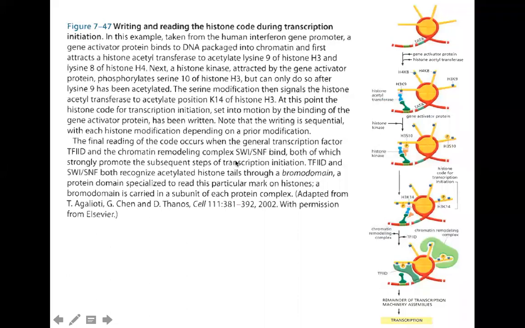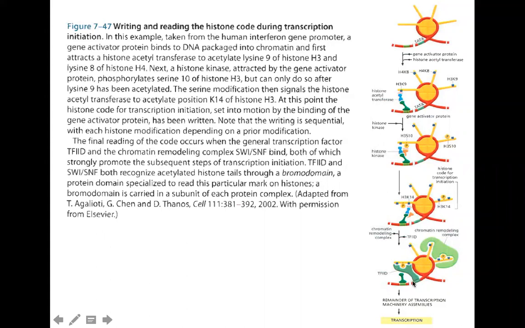This is a complex of two things: one is SWI and the other one is SNF. This chromatin remodeling complex binds to the nucleosome, and transcription factor 2D binds to the TATA box.